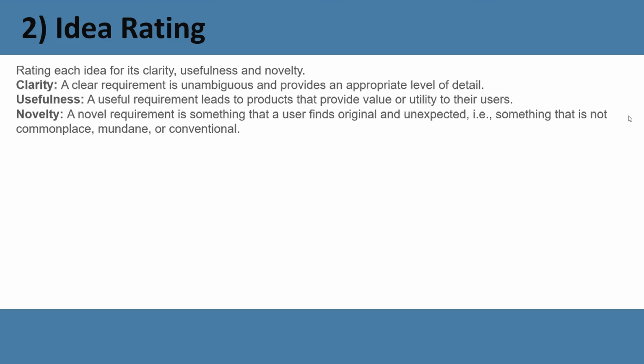A useful requirement leads to products that provide value or utility to their users. And a novel requirement is something that a user finds original and unexpected, such as something that is not commonplace, mundane, or conventional.